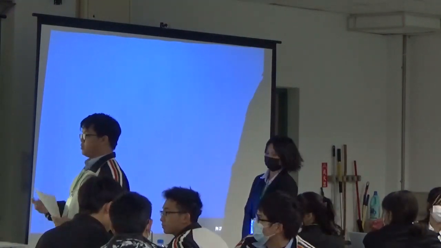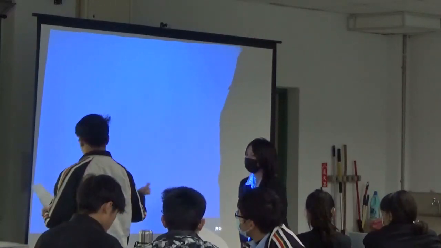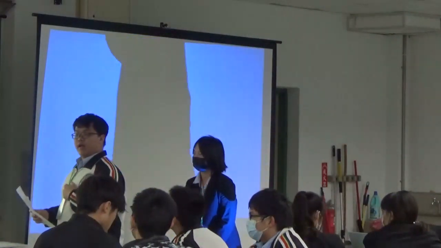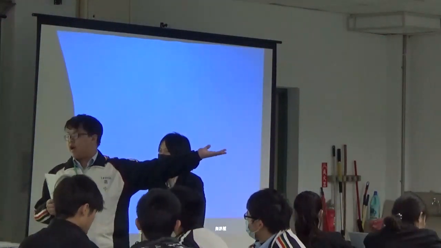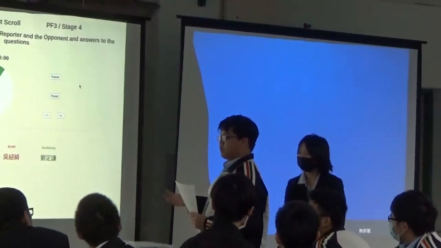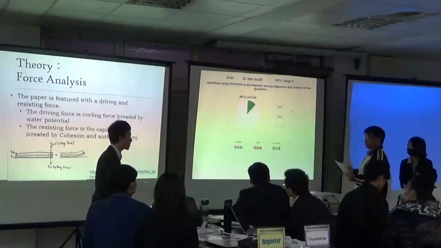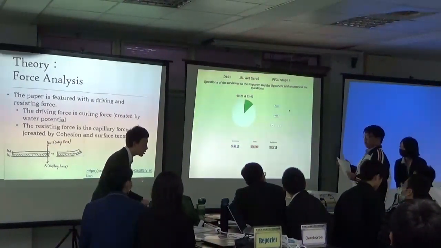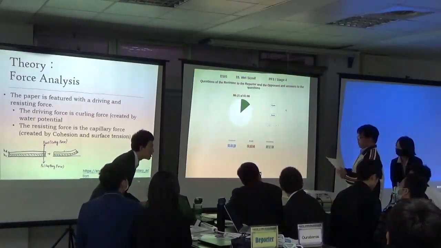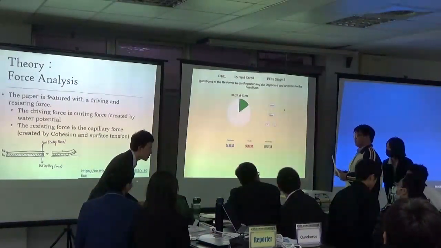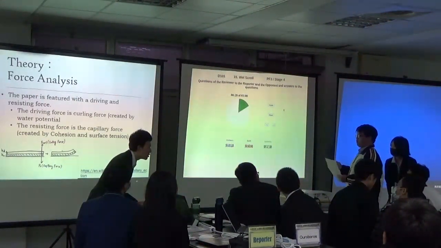Okay, and welcome to the program. I heard that we discussed the surface tension in the vector class. Yes. Surface tension is mainly caused by the type of liquid. So if you change water into alcohol, what is the effect?